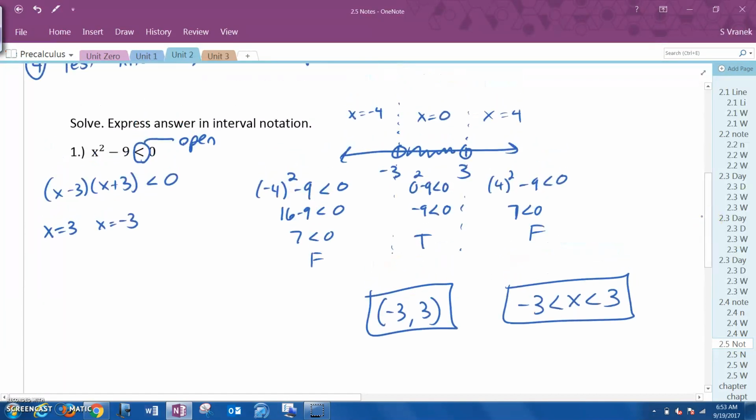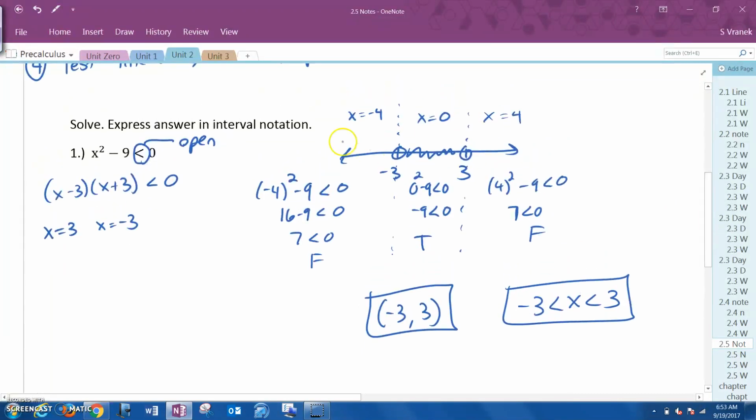That was how you do it by testing it with algebra only. But think about if we drew a graph. X squared minus 9 goes through these and has a vertex down here. So if I graphed this quadratic, pretend this is like the axes. All we're doing is saying, where does this quadratic go below the line 0, which is this horizontal line.